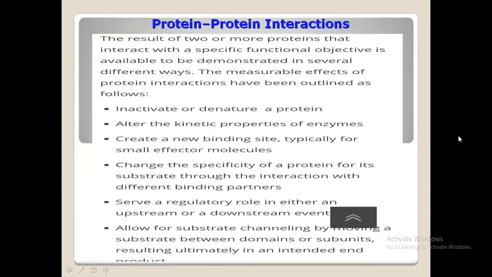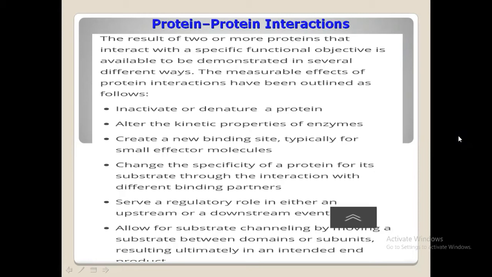Next, alter the kinetic properties of the enzyme, if we are analyzing enzymes. Then create a new binding site, typically for small effector molecules. Then change the specificity of the protein for its substrate through the interaction with different binding partners. Take different binding partners and analyze them.